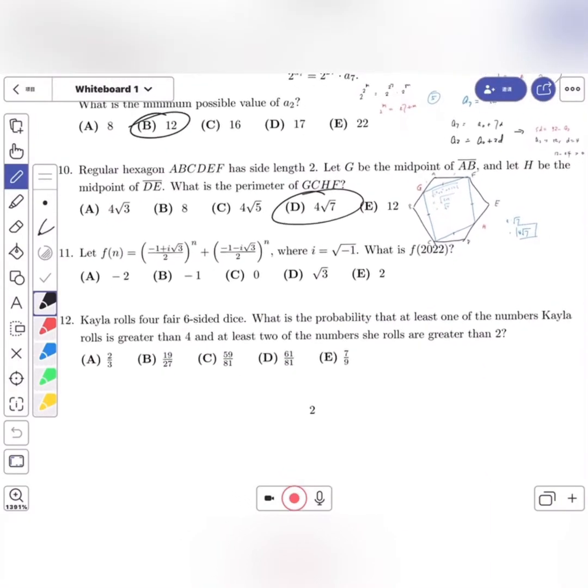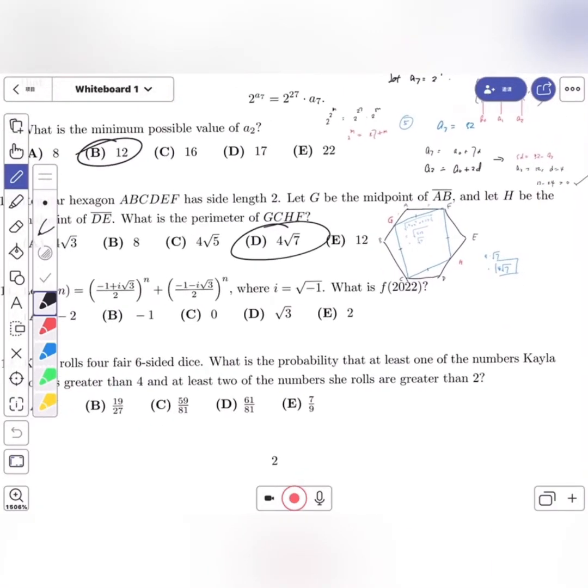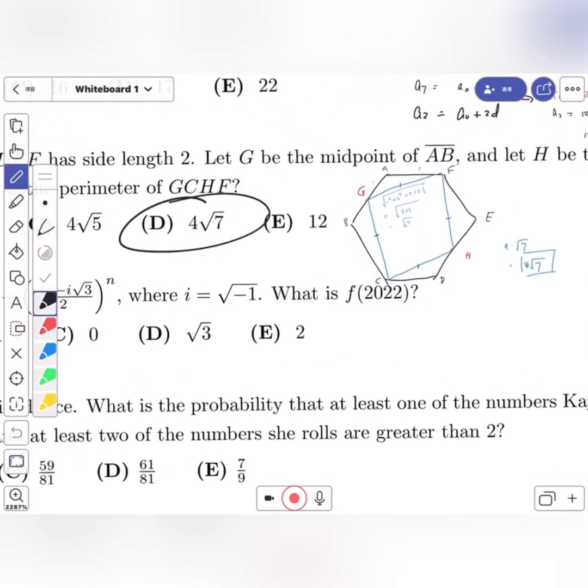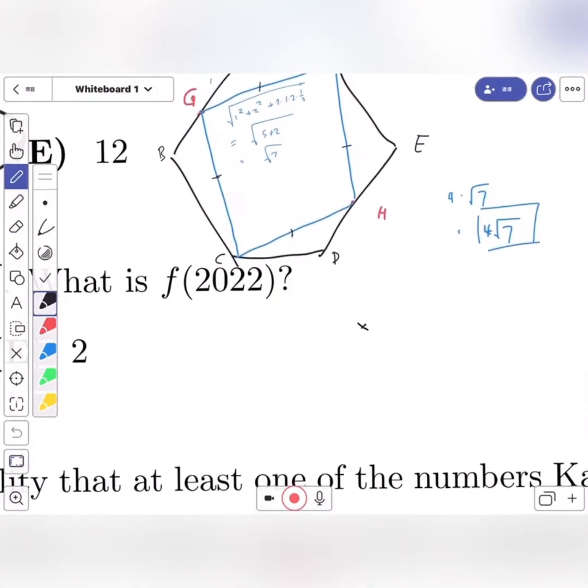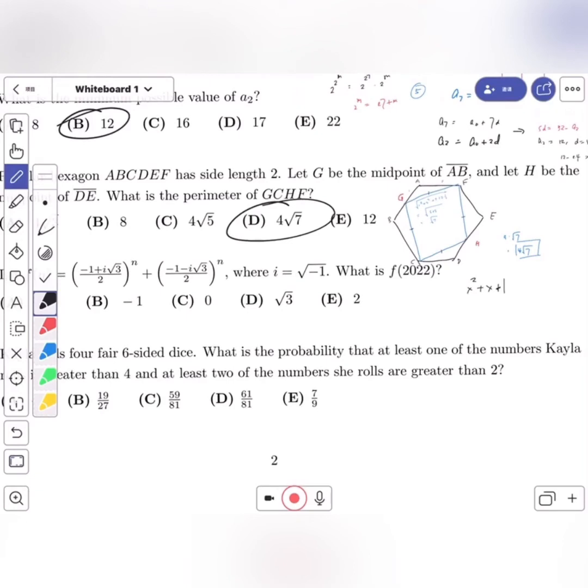Negative 1 plus i root 3 over 2 is actually one of the solutions to the equation x squared plus x plus 1. In fact, these are the 2 solutions to this equation.